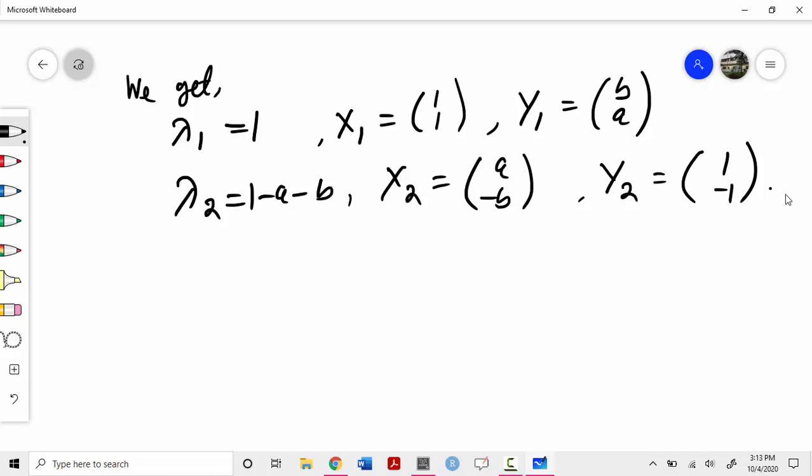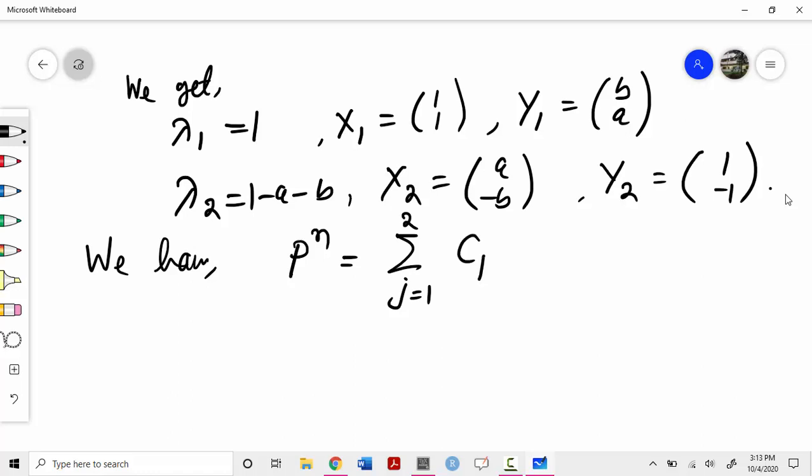So now we have P to the power n equal to summation over j equal to 1 to 2, because there are two eigenvalues here, Cj inverse lambda j to the power n aj.